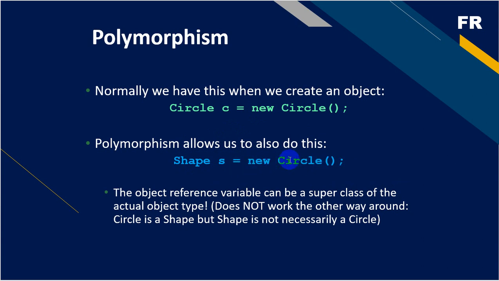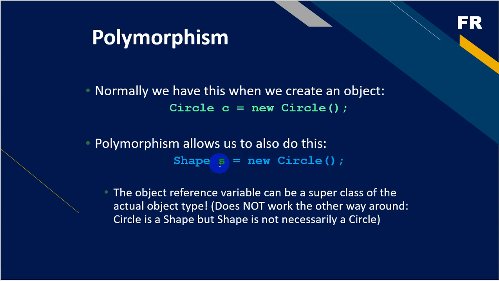As you can see, when we use the new notation with the circle class, there will be a virtual object here that will be assigned to this particular object. So the object will be for the circle, but will be assigned to the object of shape S. This is polymorphism.